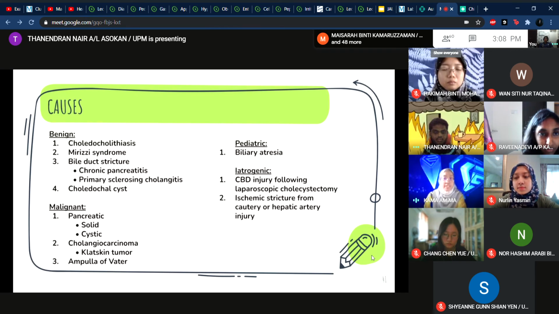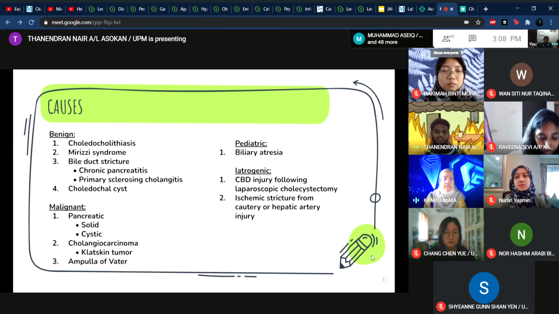Usually, it forms in the gallbladder, while choledocholithiasis refers to the presence of one or more gallstones in the common bile duct, and it impedes the flow of bile from the liver to the intestine. So this obstruction causes pressure to rise, resulting in elevation of liver enzymes and also jaundice.